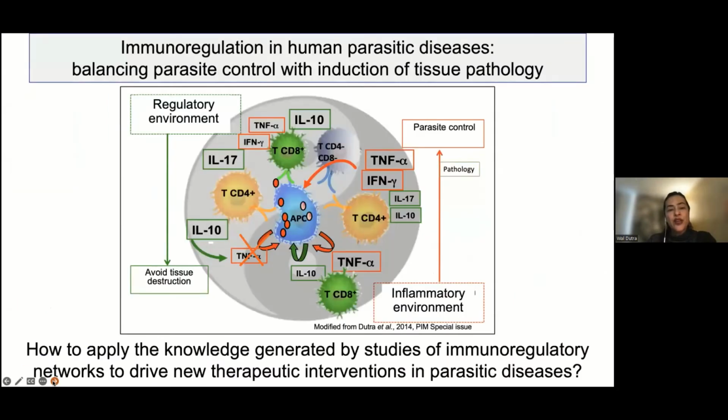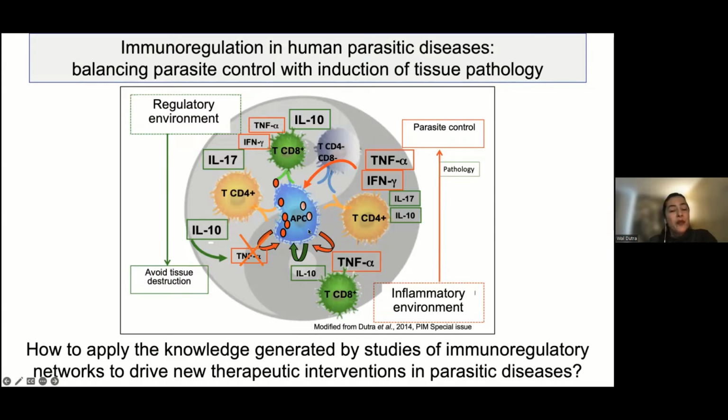Our focus in both Chagas disease and leishmaniasis has been to study the mechanisms associated to the immune regulation in these patients. So if you look at this picture here, you see a cell in the center that is an antigen presenting cell. In both the cases of Leishmania and Trypanosoma cruzi, both these parasites are able to parasitize the cell.